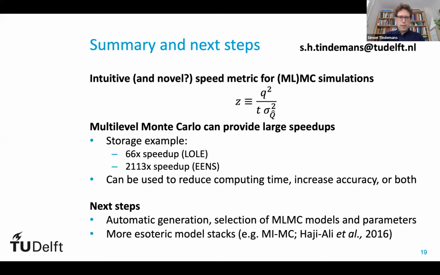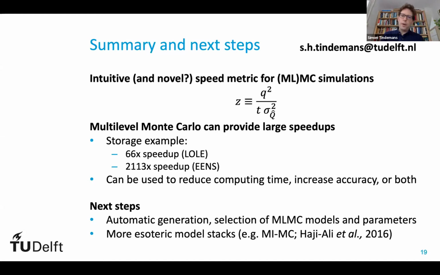So to summarize, in the paper, not in this talk, there is first, as an aside, a kind of speed metric for multi-level Monte Carlo simulations, which is not one I was familiar with, but I find it very useful. So maybe you will find it useful as well. And of course, the main point is that multi-level Monte Carlo can provide really, really large speedups.